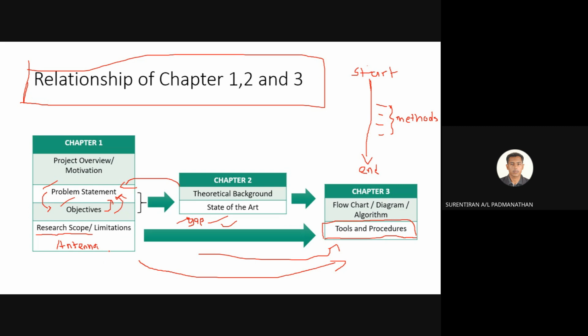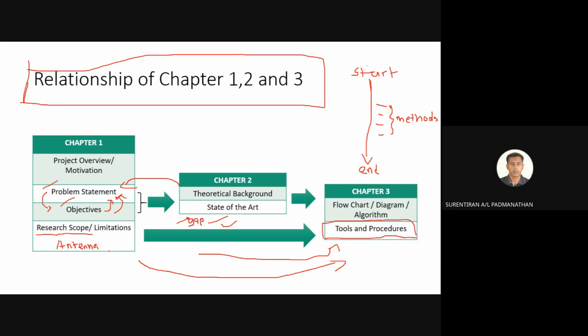There are a lot of materials, right? But you limit your project: in this project, I just want to use this material only. Maybe another person comes and says, this guy only used this material, I want to try another material. That will be his research, his problem, his research gap.